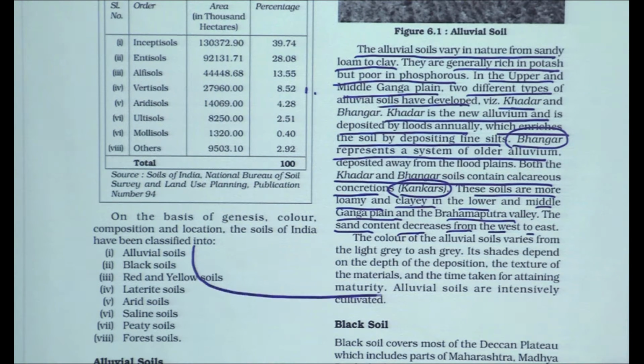West to east. This is my river Ganga. Maximum of the plain is here. So, if I apply what we have learned earlier, if I make the Ganga flow and make it Hooghly here in West Bengal, will it not be more sandy in Uttar Pradesh, more silty in Bihar, and more clay in West Bengal?